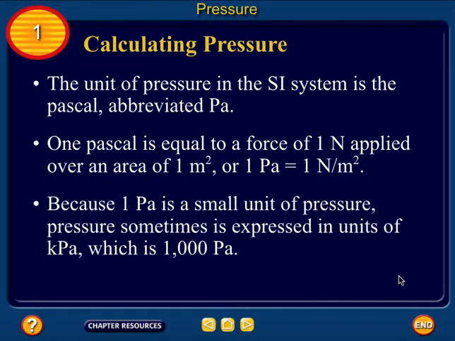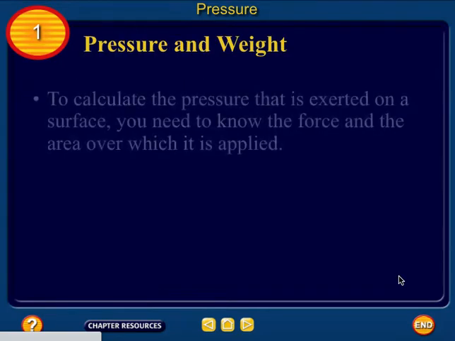Because 1 pascal is a very small unit of pressure, pressure is sometimes measured in kilopascals, which is equal to 1,000 pascals. So 1 unit of pressure is very, very small, and a lot of times it's scaled up to be a lot larger and is counted in the thousands.